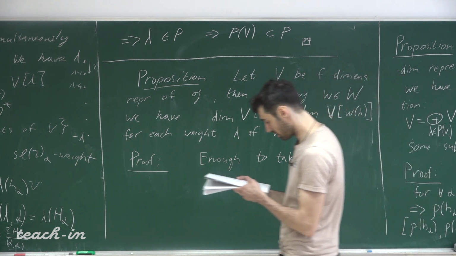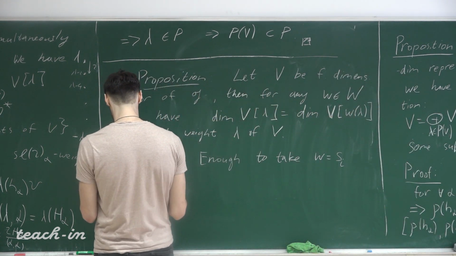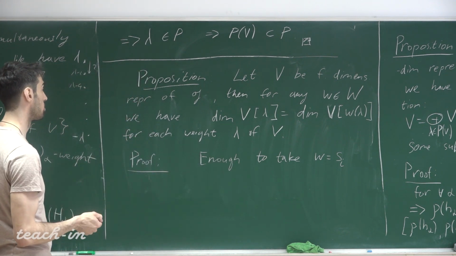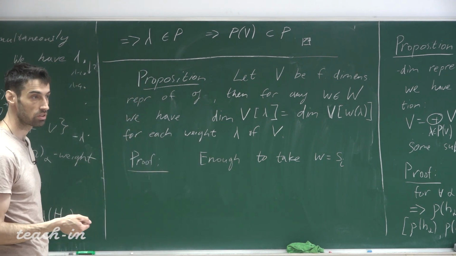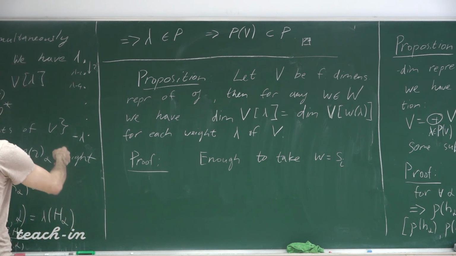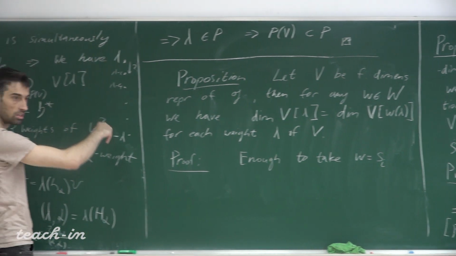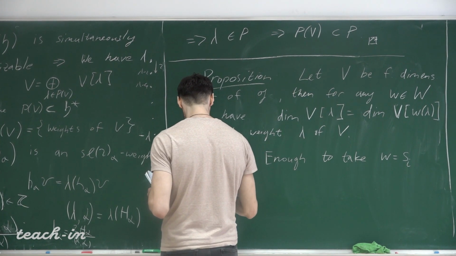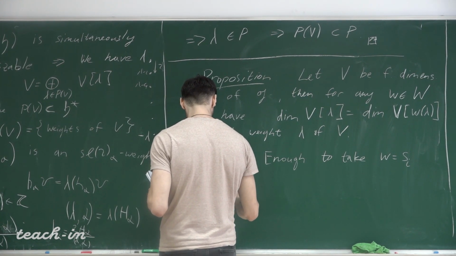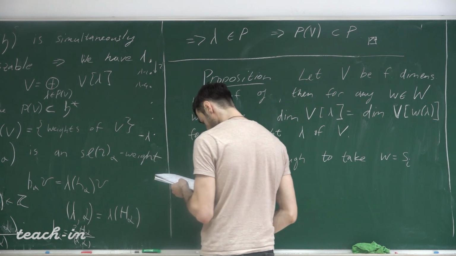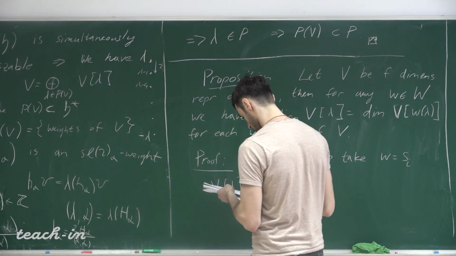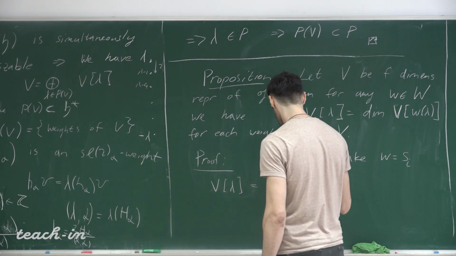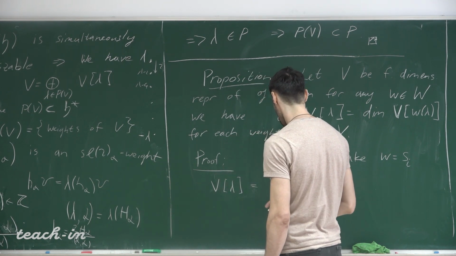But then again, my statement follows immediately from representation theory of SL2 because of this picture. So I claim that V of lambda, well, let me write it like this.